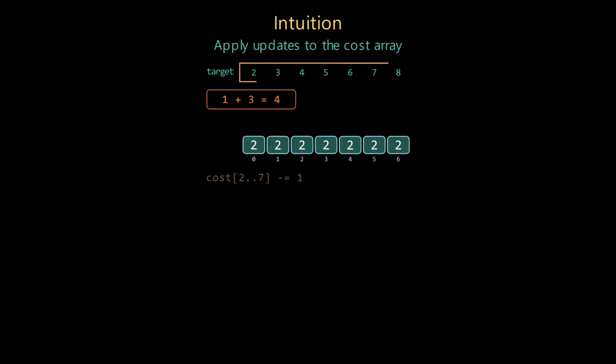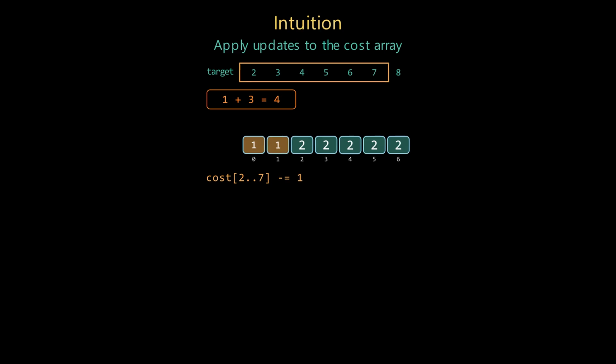For pair 1 and 3, start with a cost array filled with 2s. Then apply -1 to the 1 move range, from target 2 through target 7. Apply -1 at target 2: cost 2 becomes 1.